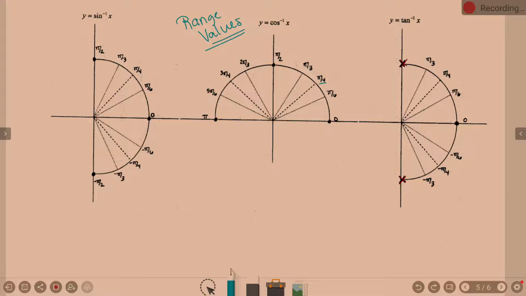We're going to go over here to quadrant 2 because that's my only other option. If you think about All Students Take Calculus, in quadrant 2 sine is positive and cosine is negative, so this is a good quadrant. So we need to know what is the equivalent angle to π/4, but in quadrant 2.